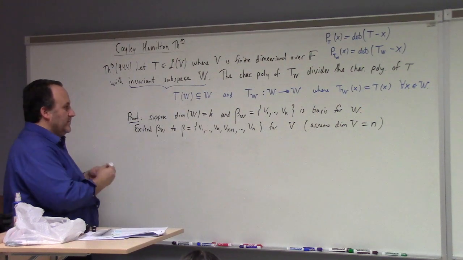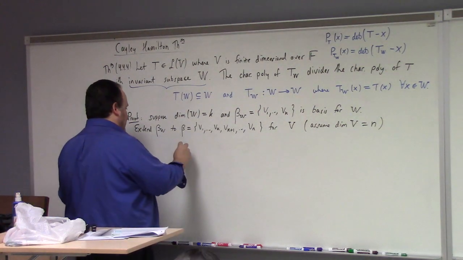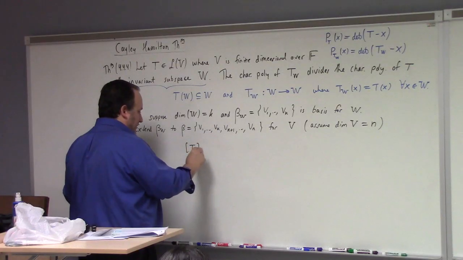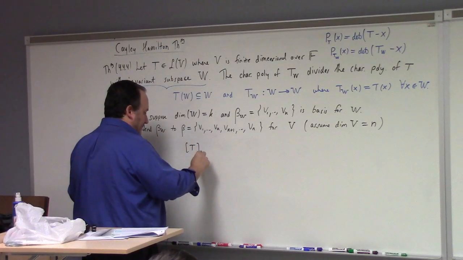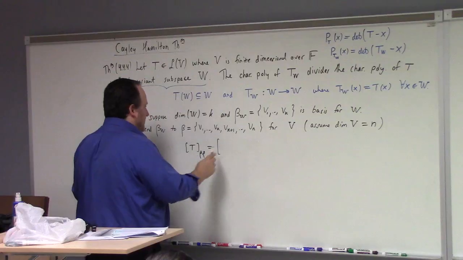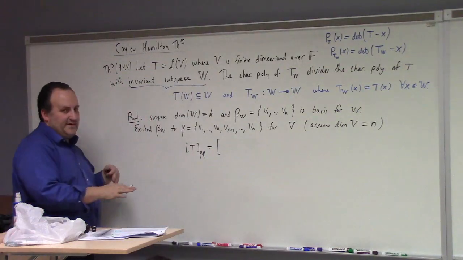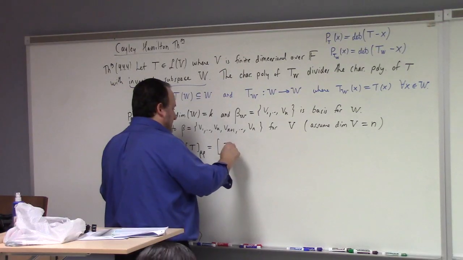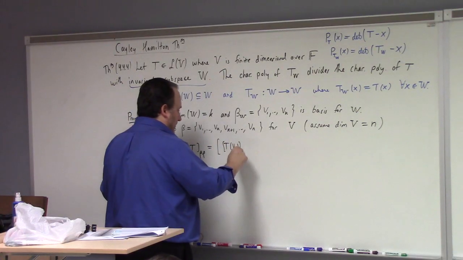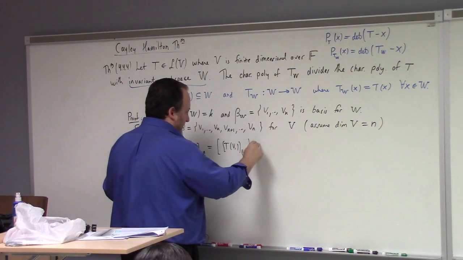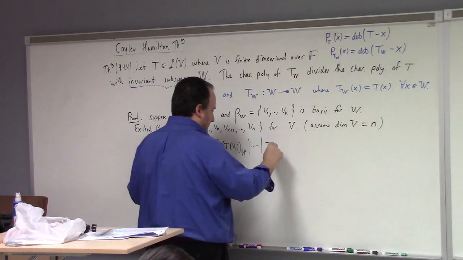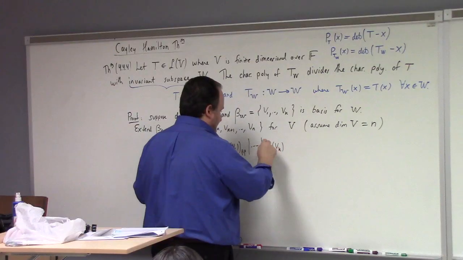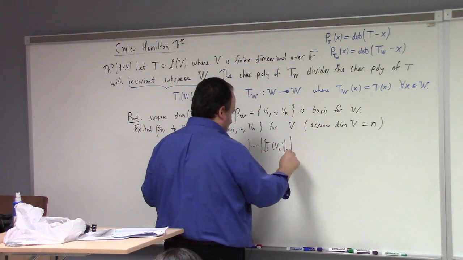Span. So here's the issue, though. If we look at the matrix of T with respect to the beta basis, right? We almost did this same calculation last class. It's pretty much the same thing again. So you got like T of v1, and so forth and so on until we get to the kth one. And then stuff.